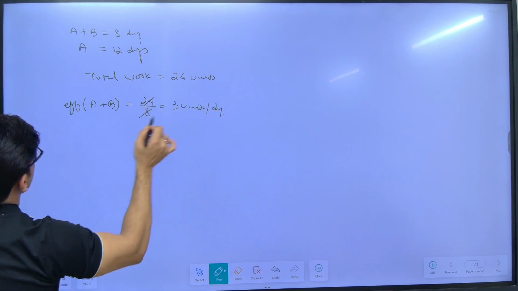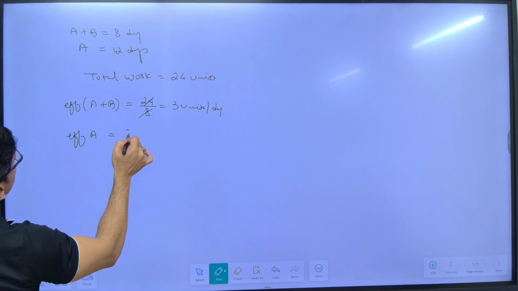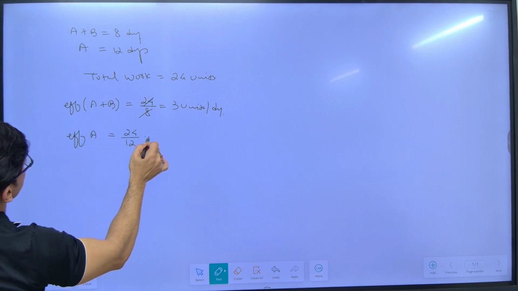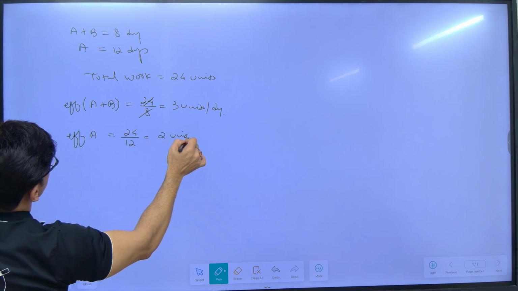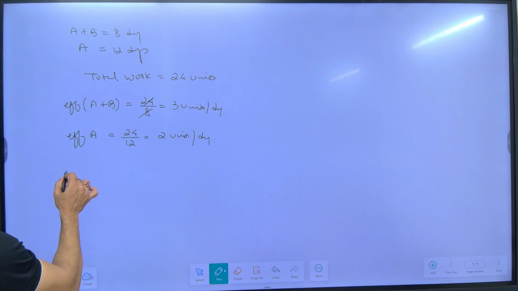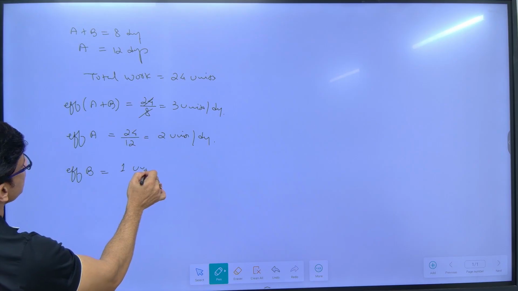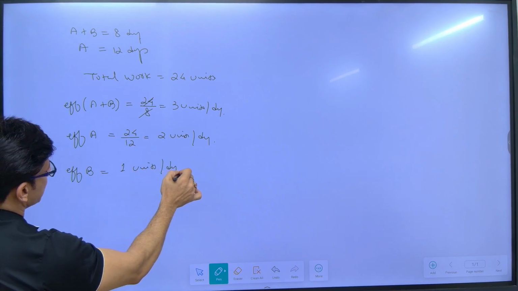And the efficiency of A alone? 24 by 12, which is 2 units per day. If A plus B together is 3 and A alone is 2, how much is the efficiency of B? 1 unit per day.